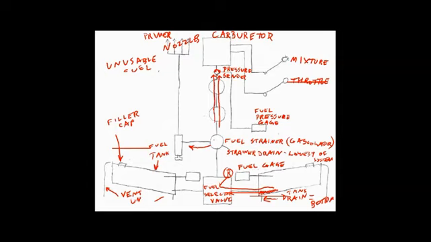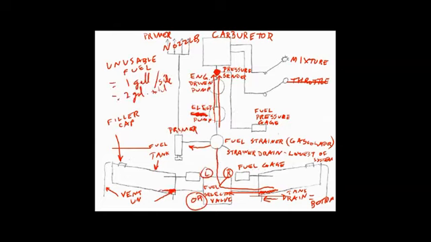Let's see. I want to talk about, I think it's going to be on the next slide. Well, we'll put it on this one here. When do you have these pumps? Here's the engine-driven pump, and there's the electric pump.